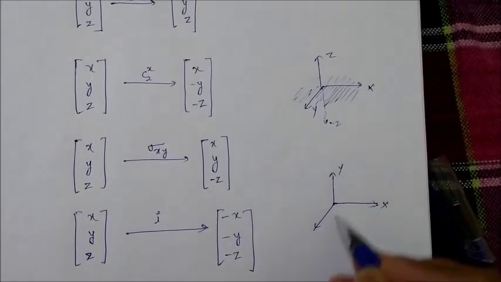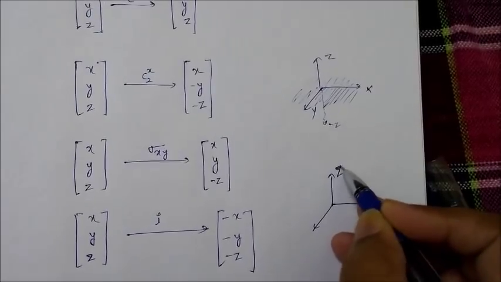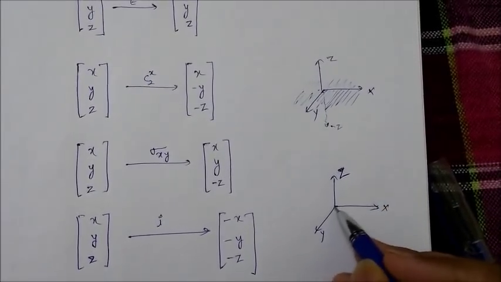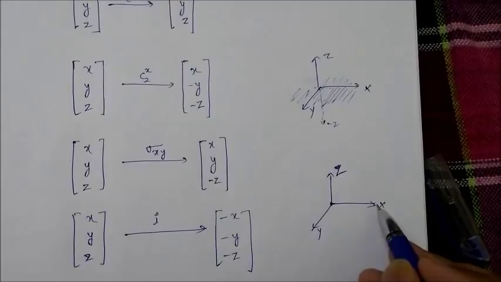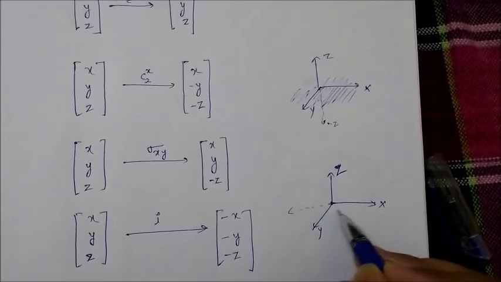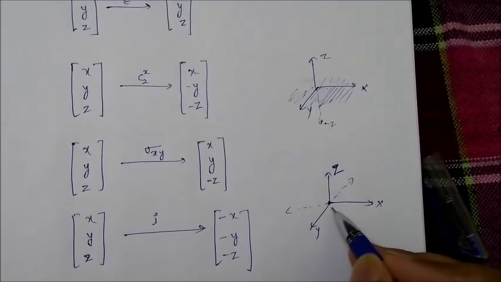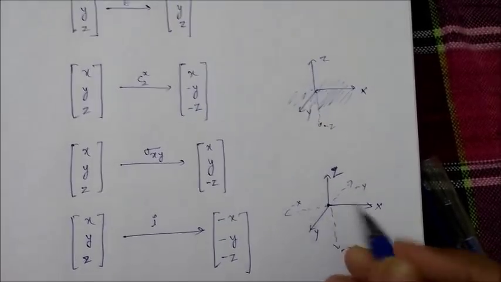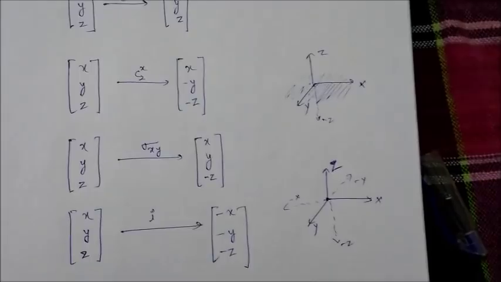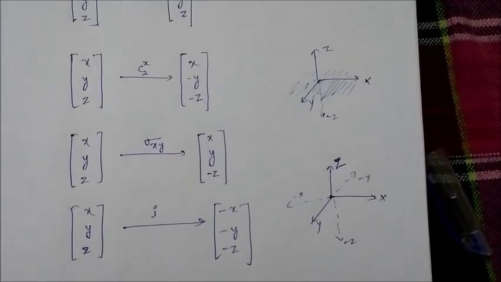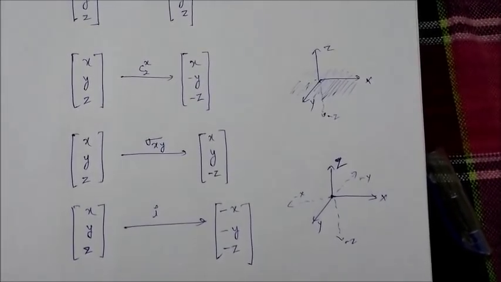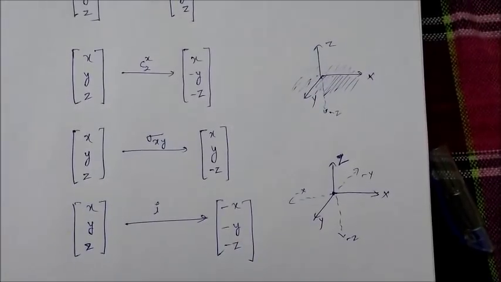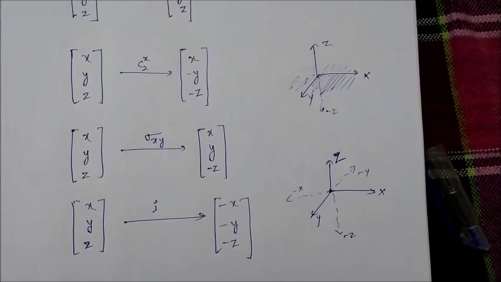So x, y, x, z and y. This will act as the center of symmetry. This will reflect x this side, y this side, and z this side. So all will change. In this way, all the axes will change in the inverse symmetry operation. These were a few symmetry operations, and a few things more I will tell you.